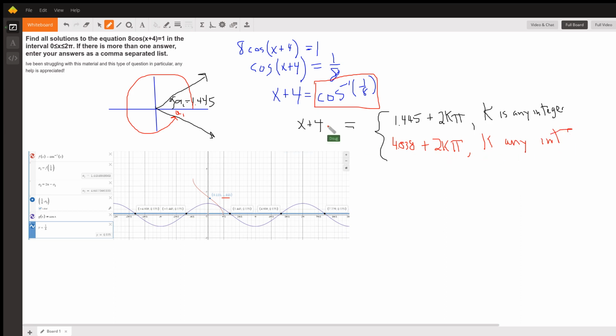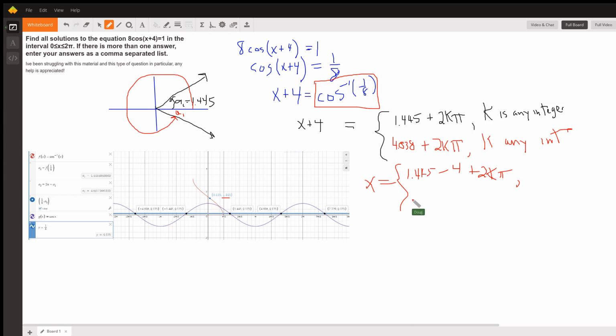But we're supposed to restrict our answers for x to those angles that are between 0 and 2 pi. And if I want to solve this for x, I can go like this. x equals 1.445 minus 4 plus 2k pi, again, k any integer.